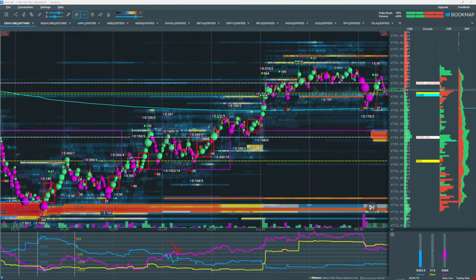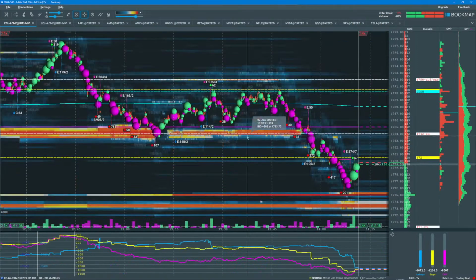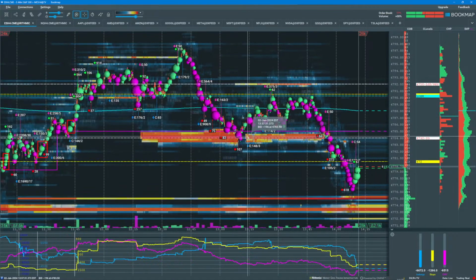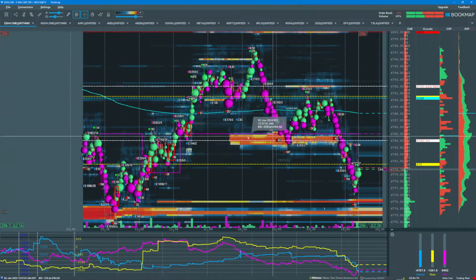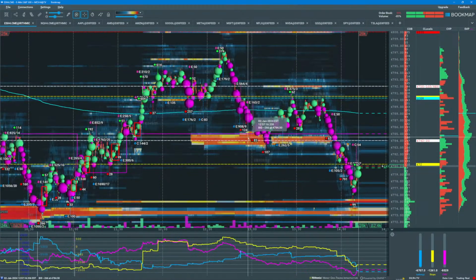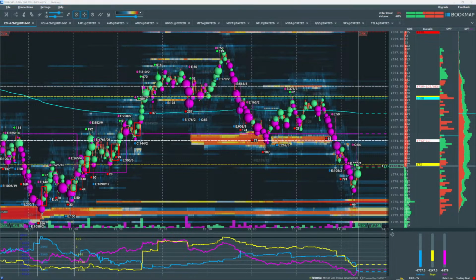That's shown by the pink line in the subchart. And now it looks like the ES may be making a round trip back down to that level, and some of this liquidity at 73 still remains in the order book.